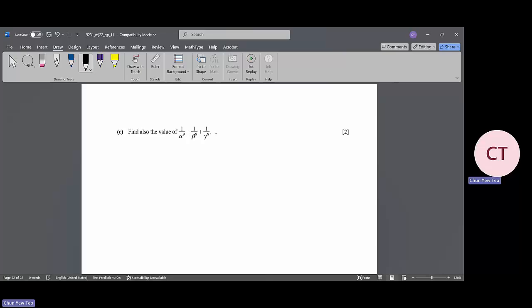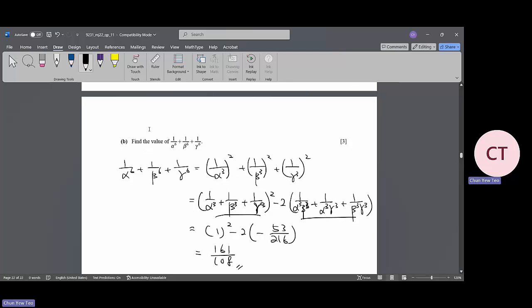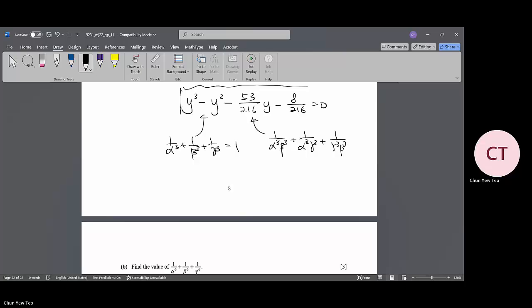C, this one is actually 1 over alpha cube power 3 plus 1 over beta cube power 3 plus 1 over gamma cube power 3. So what we can do is take from these equations.